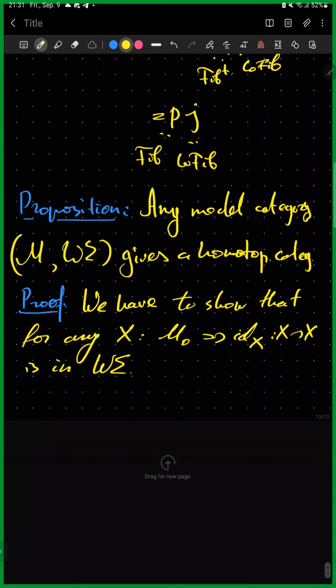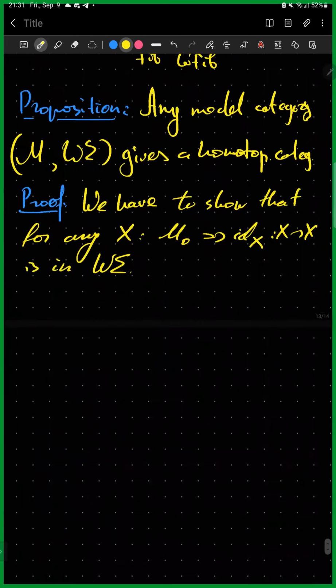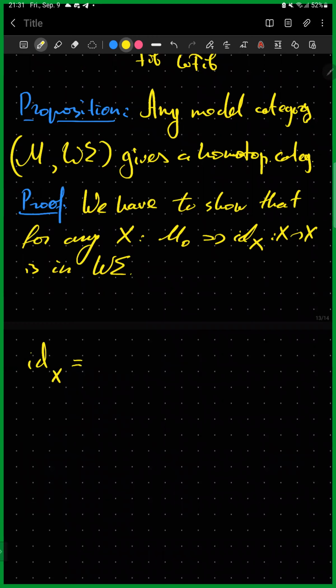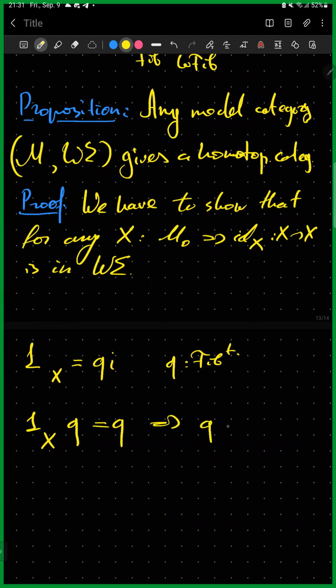This, however, is easily established because we have a factorization of this map like this, where Q is a trivial fibration, and we have an identity, which implies that the 3 for 2 property, which is a corollary of the 6 for 2 property, implies that Q is actually a weak equivalence.